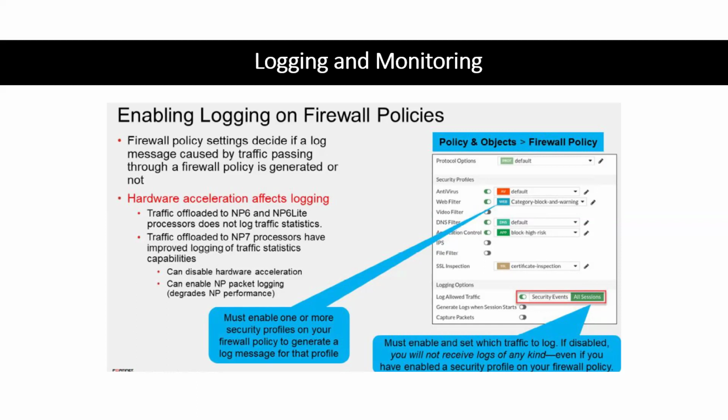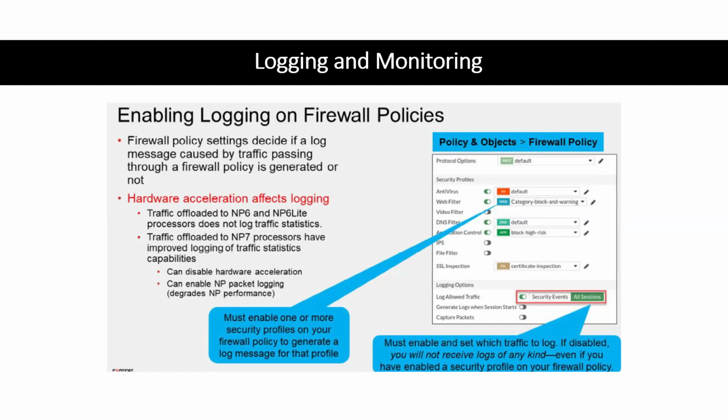Because whenever you enable logging, you see there are 2 options. One, you can just enable logging for security events, maybe when signatures pop, or a threat actor got caught and blocked by the firewall, and you want to see where the indicator of compromise was.